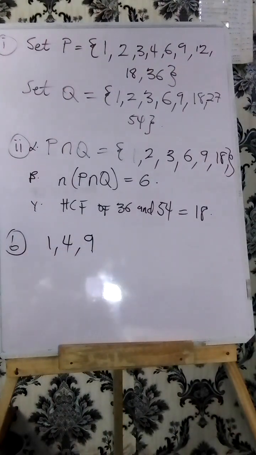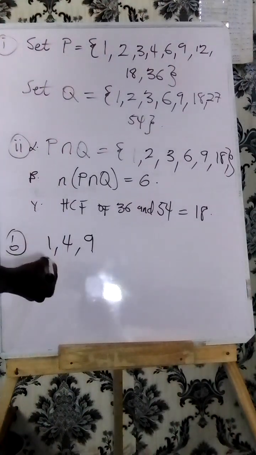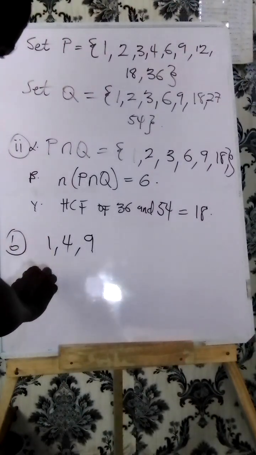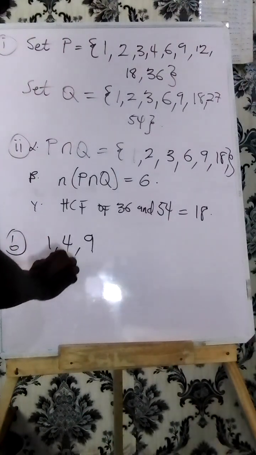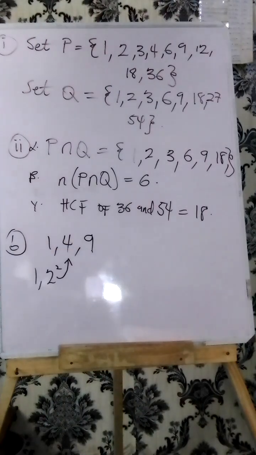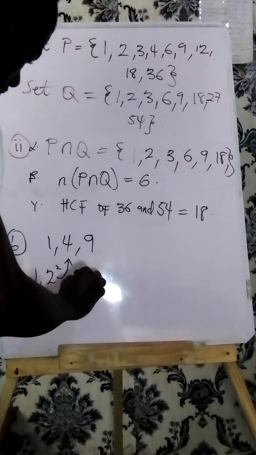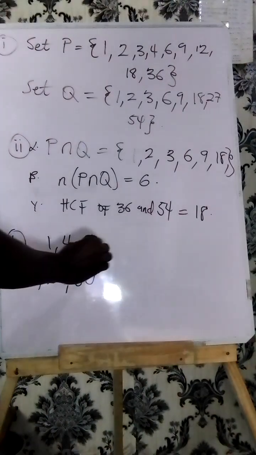To get the next two terms, we are going to square the numbers which come after each term. So let's square 1. When we square 1, we get 1. Let's square 2. So 2 squared should give us 4. Now let's square 3. 3 squared should give us 9. Let's square 4.